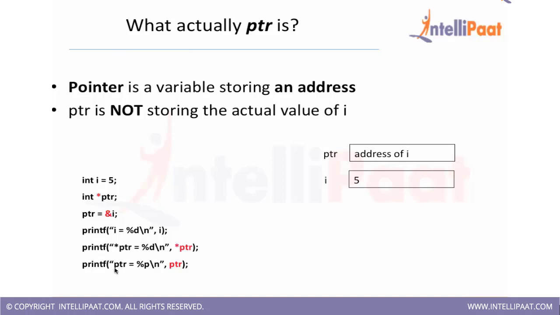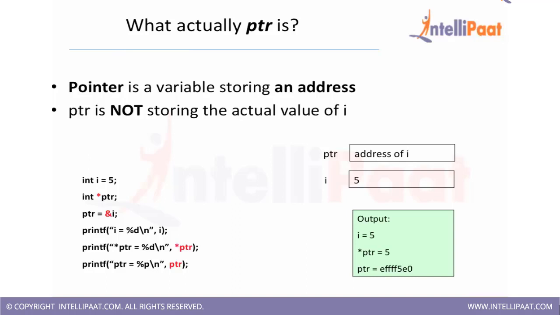Similarly, printf("ptr = %p", ptr). If we do it like this, it will give whatever is stored in ptr, which is the address of i. So it will give us the address, the physical location of variable i where we have stored it.